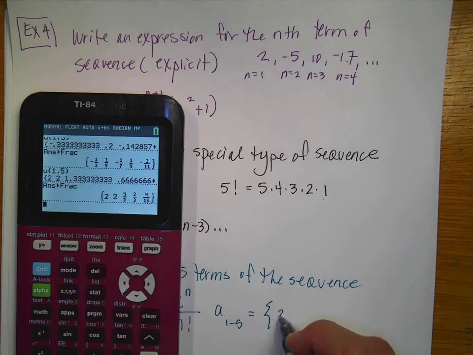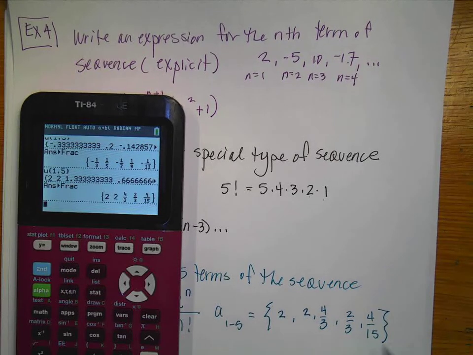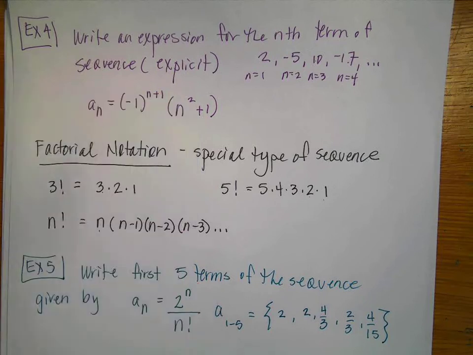So I would say a sub 1 to 5 is equal to 2, and then 2, and then 4/3, and then 2/3, and then 4 over 15. And then if the numbers seem confusing, it's because we're dividing by a factorial, and so you could do that math by hand, and it's really kind of fun.